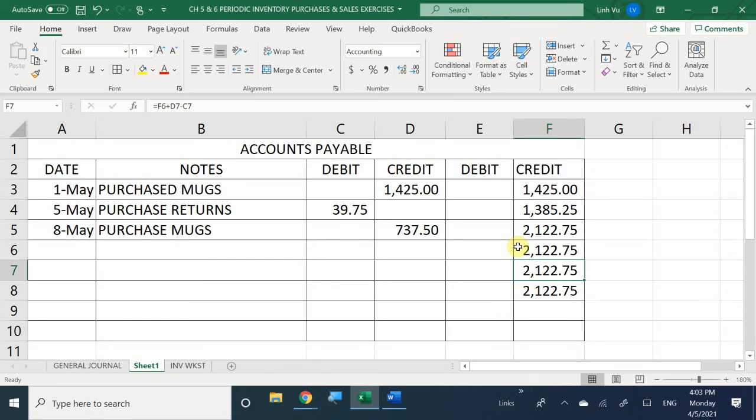For the May 8th, wouldn't it just be the 1385 minus the 737? Not minus, we're adding because this is another bill that we just purchased. Adding, yeah, credit. So it would be the 1385 plus the 737.50, right?